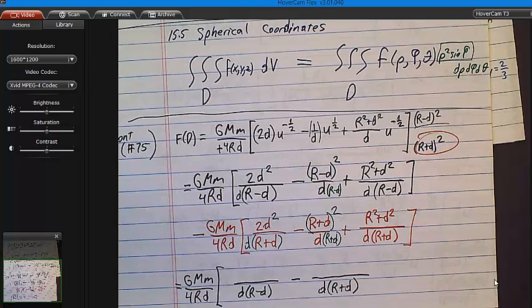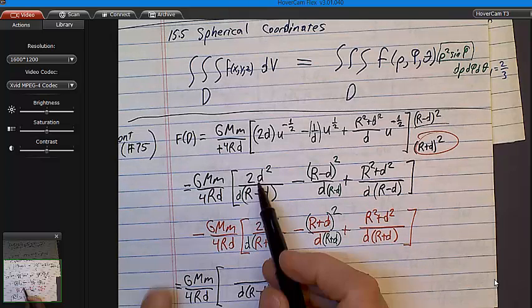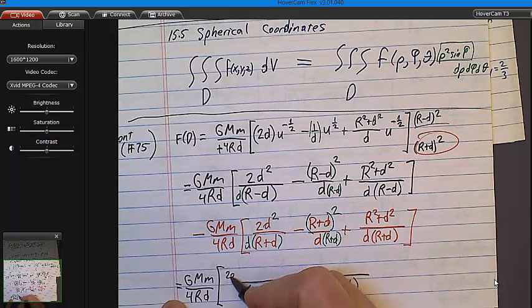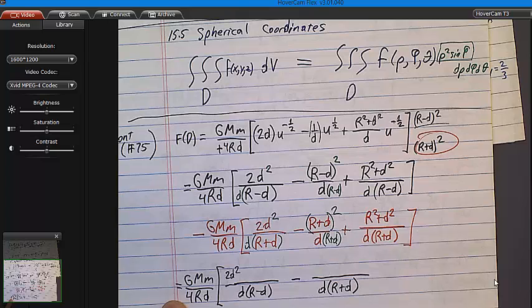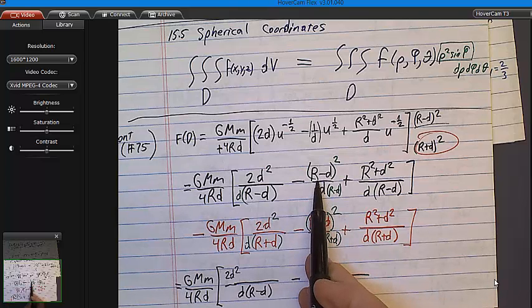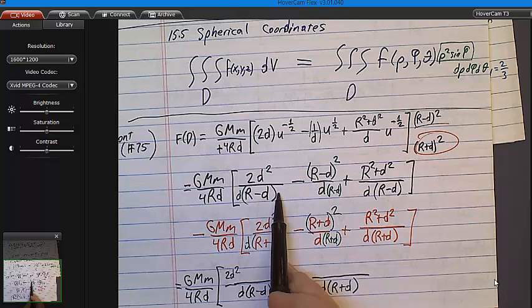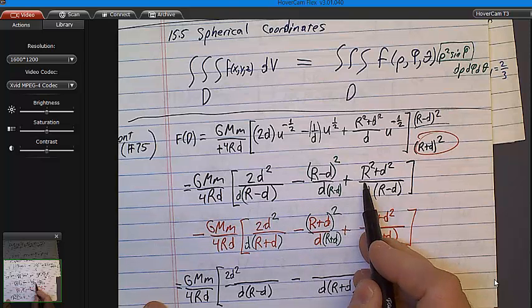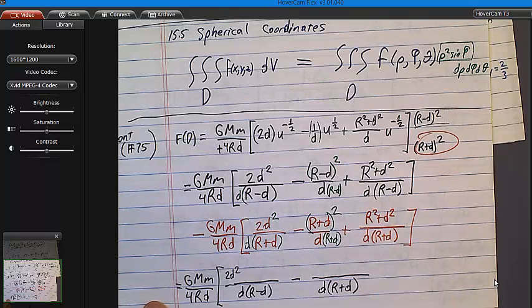All right, so let's see what happens here. Well, in the first fraction I get 2d squared, right? And you guys know what this is. This is r squared minus 2rd plus d squared. But I'm subtracting it all. So I'm going to subtract r squared, and then I'm going to add r squared, right? That's gone.